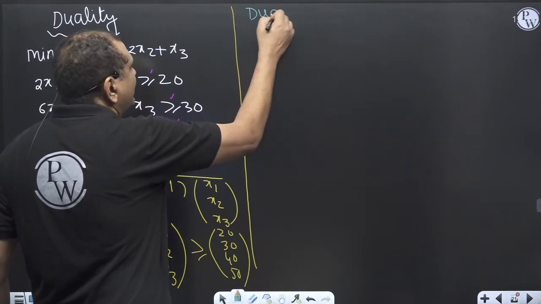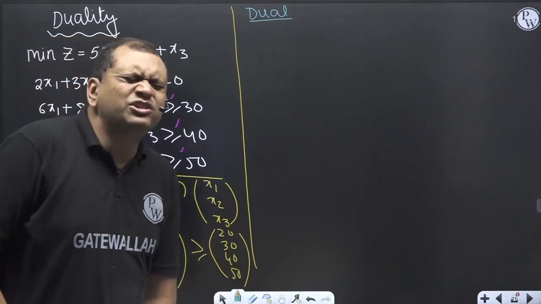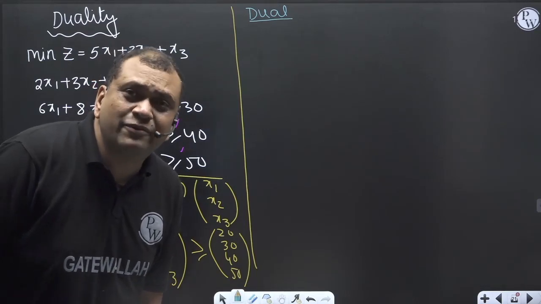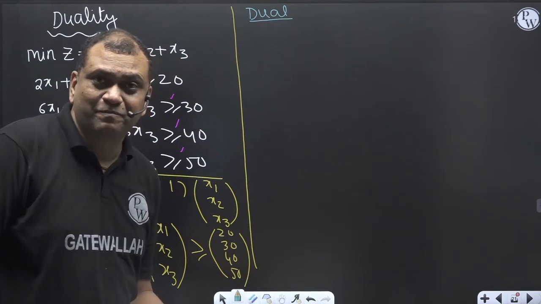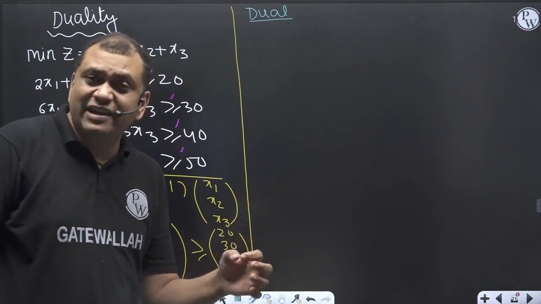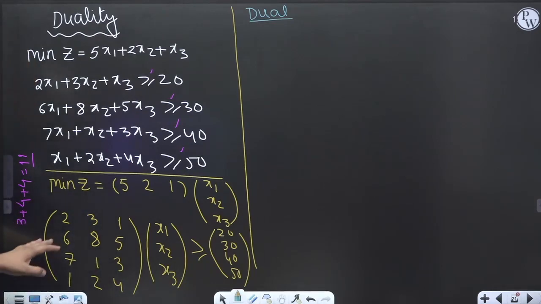Now I am converting the primal problem into a dual problem. Whatever solution the primal problem is giving you, dual will also give exactly the same solution. So how to convert it to dual? Everything becomes reverse.